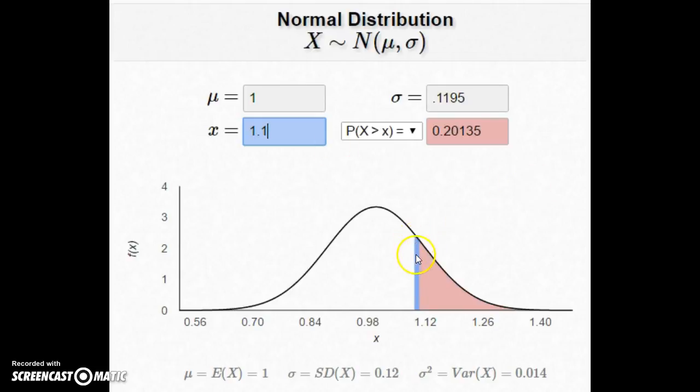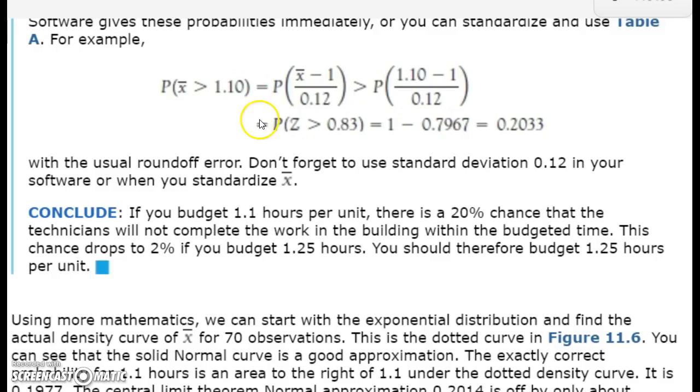In other words, we budget here, it's higher than the average time, but there's still going to be some samples of size 70 that are going to give us an average above 1.1. And specifically, it's this shaded region here, so about 20% of the time it's going to take longer than 1.1. How do we get that if we don't have this handy-dandy app?